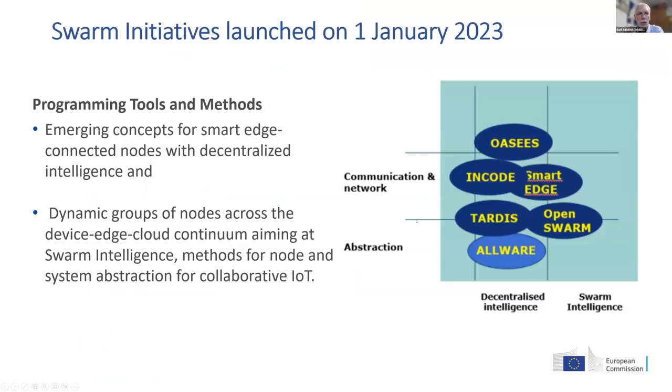For the call on programming environments and decentralized intelligence, 5 projects have been selected. The light blue one is not selected, it is on the reserve list. Here we're looking at emerging concepts for smart edge connected nodes with decentralized intelligence, distributed intelligence, and integrated AI. So how to deal with these sort of new types of nodes, what are programming methods, abstraction methods, and tools.